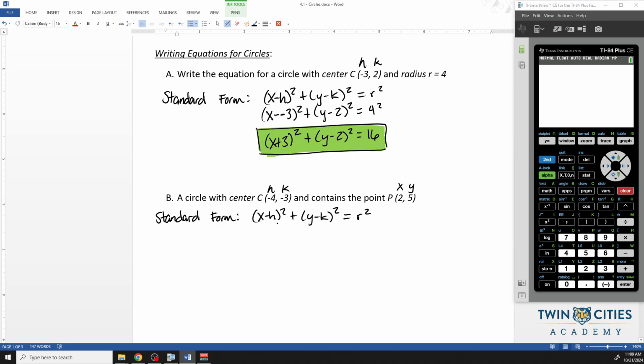Instead of x minus h, this will be 2 minus negative 4, squared, plus y minus k will be 5 minus negative 3, squared. This is equal to r squared.